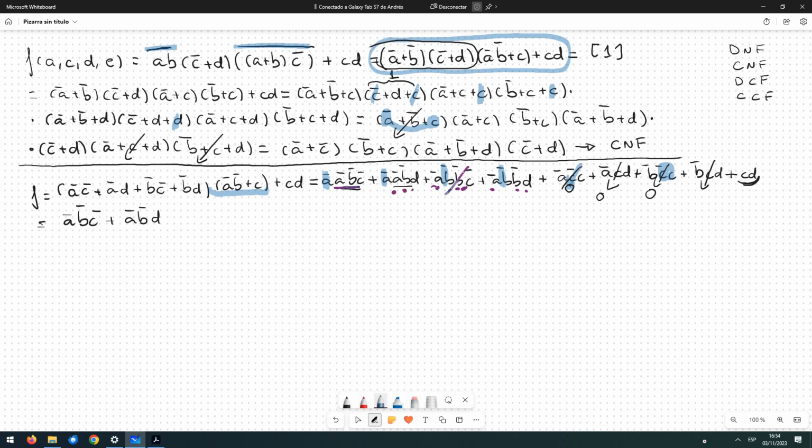A negated, B negated, D. So we can absorb one of the terms. So finally, we have only this term, and this term. So we have this expression that I find the most reduced possible. So this is a sum of products, so we have the disjunctive normal form.